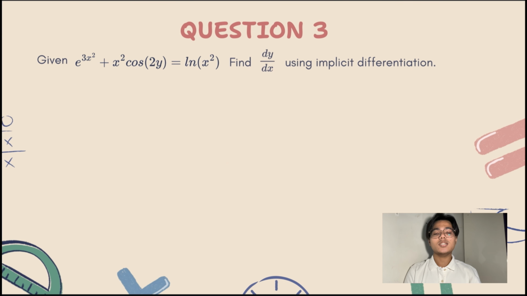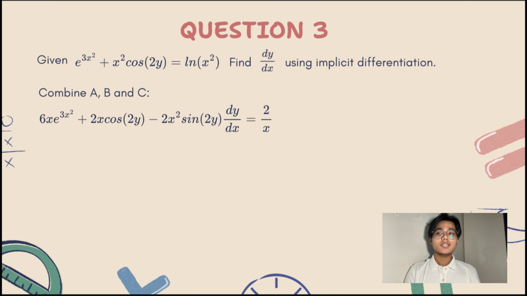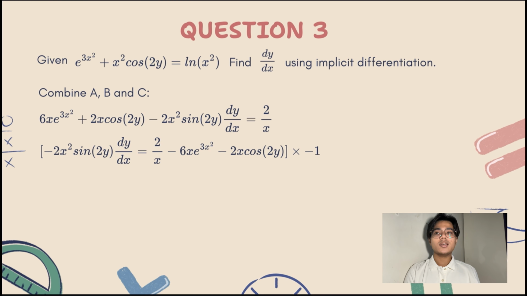So the last step you guys have to do is combine all the group A, group B, and group C. So 6x exponent 3x squared plus 2x cos 2y minus 2x squared sine 2y dy dx equal to 2 over x. Arrange it into a proper way. Negative 2x squared sine 2y dy dx equal 2 over x minus 6x exponent 3x squared minus 2x cos 2y.